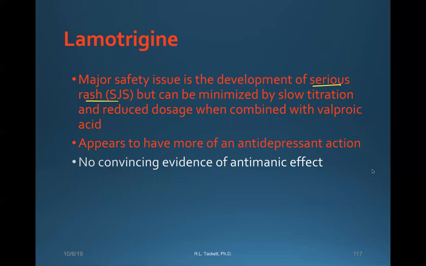Even though the black box will say it's not proven that escalation of dose does that, or some verbiage like that, we have seen that, and that usually is an issue. So starting slow and following the recommendation is what most people strongly suggest.